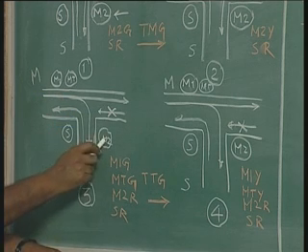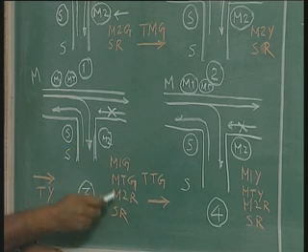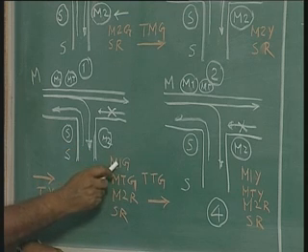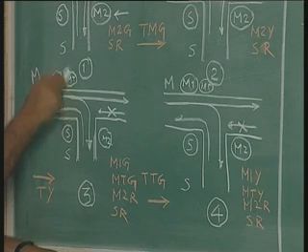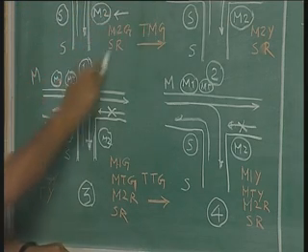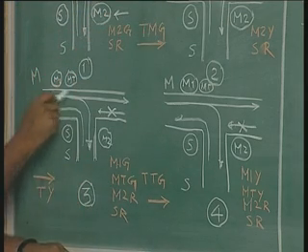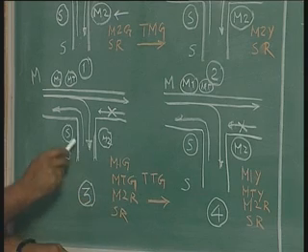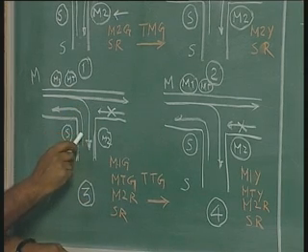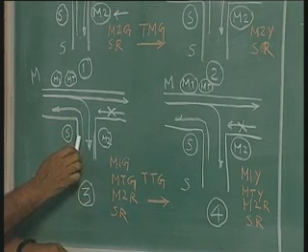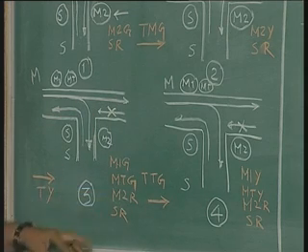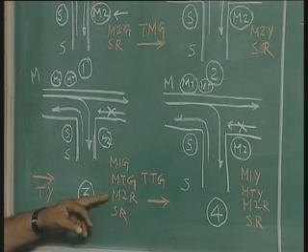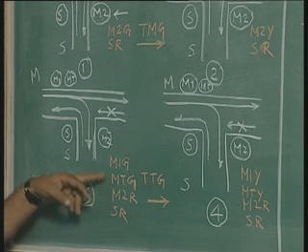So M2 becomes red, M1 continues to be green, and MT now becomes green from red, so that the turning traffic will be allowed. Side remains red, because we cannot allow traffic from side to main. So: side red, M2 red, MT green, M1 green.